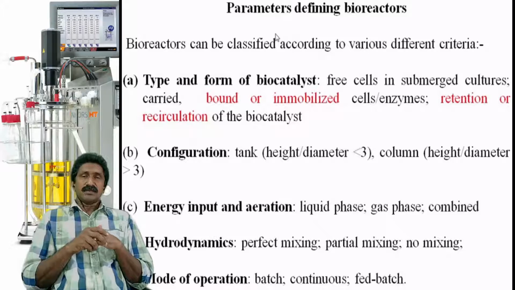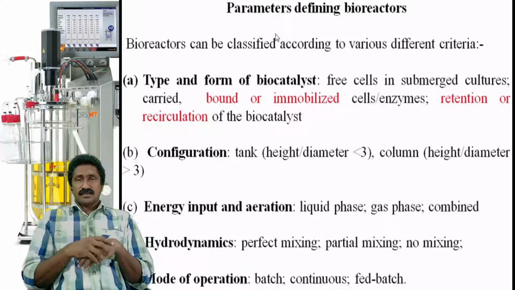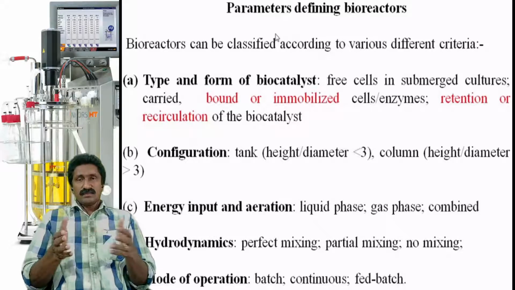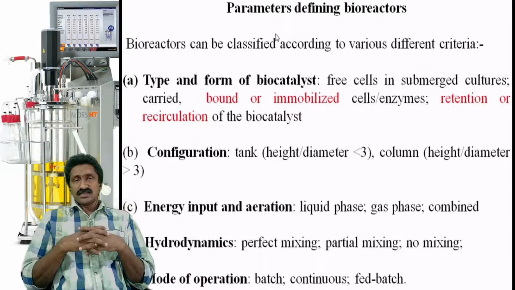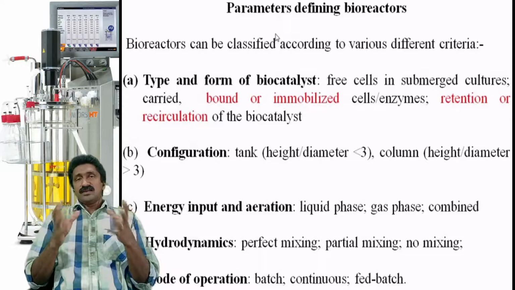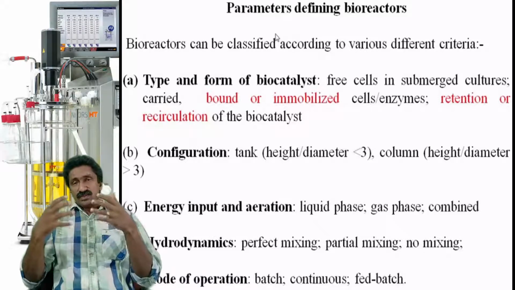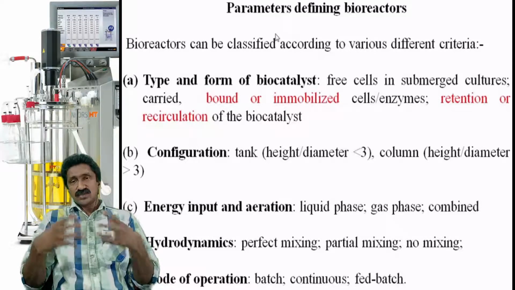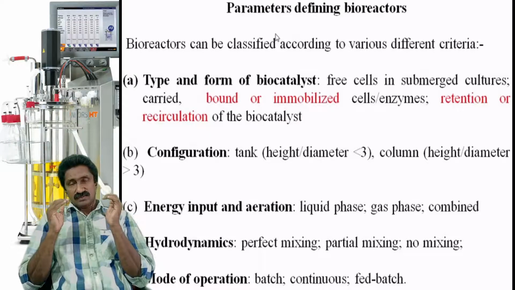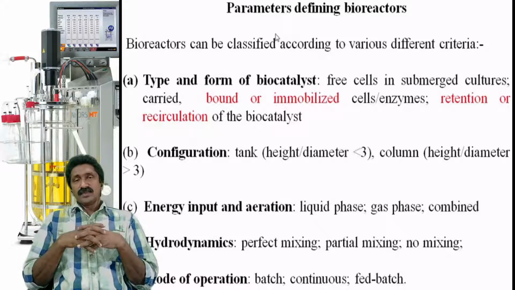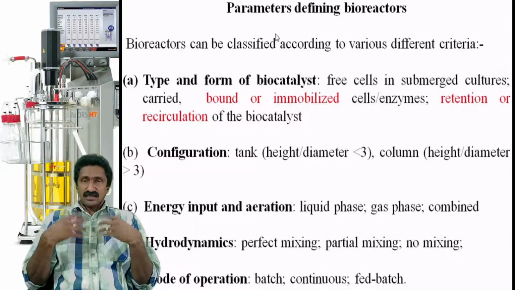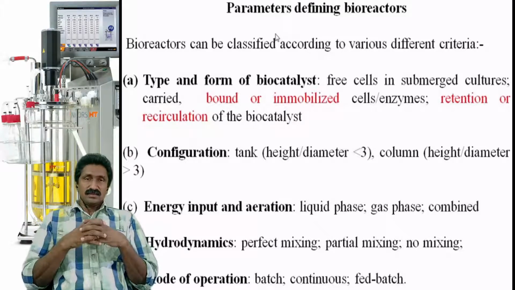which is not possible for a free cell, submerged system, because once the product is extracted from the medium after the fermentation, the cells will be discarded in such a submerged system. Whereas in immobilized systems, where the biocatalysts, the cells or enzymes, were fixed or immobilized onto a support material, then you can recirculate and recycle such biocatalysts.